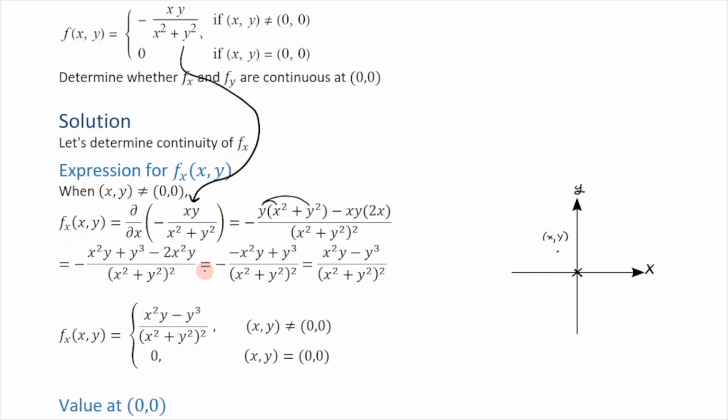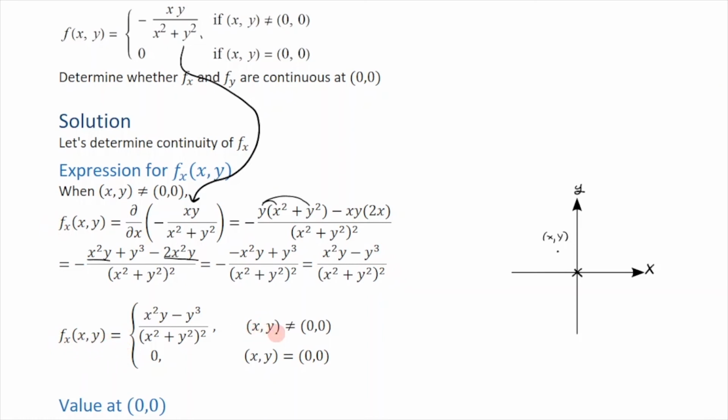Then in the next step, I collected these two like terms. So I got negative x squared y, and then plus y cubed, that just stays. Then I put this negative into the numerator, so I swap signs here, and that's what I got for this derivative. Now the expression for fx is like this.